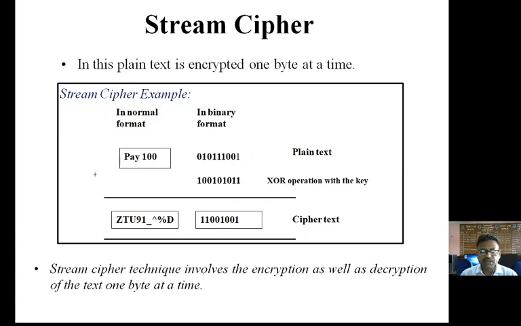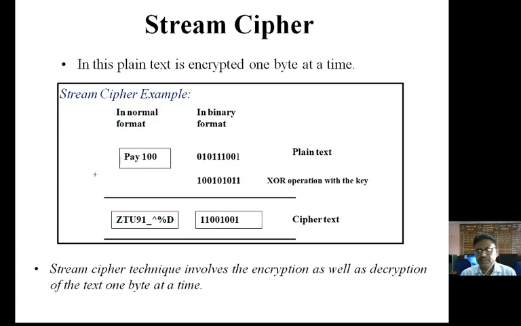What does the stream cipher stand for? In the stream cipher, the plain text is encrypted 1 byte at a time. Only 1 byte is taken. Suppose we have 64 bits in the plain text. 64 bits is equal to 8 bytes. So out of 8 bytes, all the bytes are not encrypted at a time.